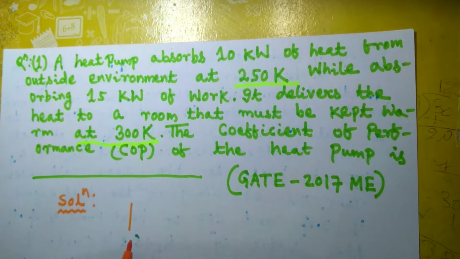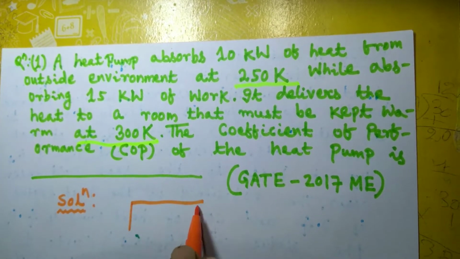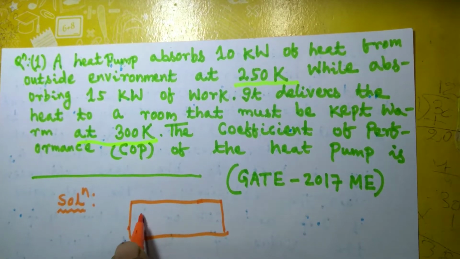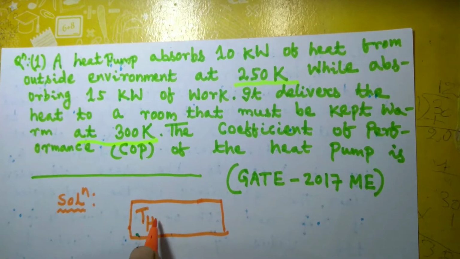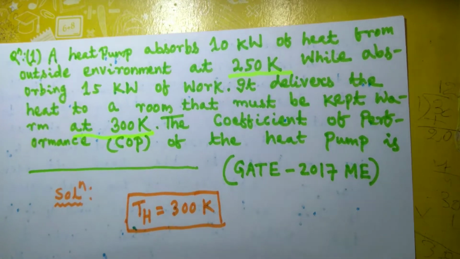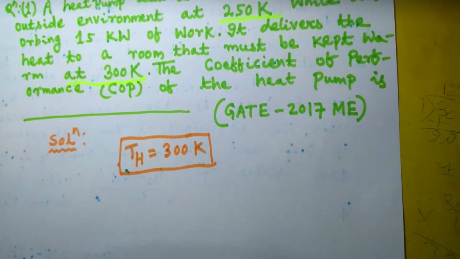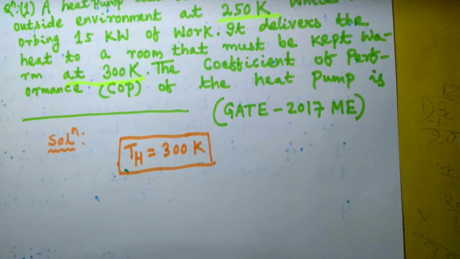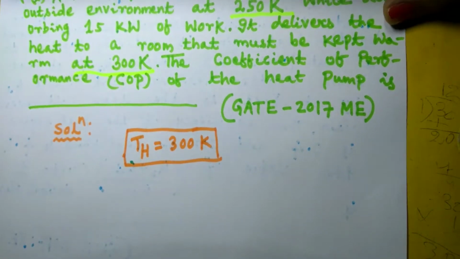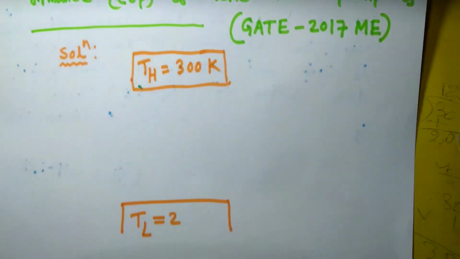The room is to be maintained at 300 Kelvin. Obviously, this is high temperature. TH, which stands for high temperature, is 300 Kelvin, and the surrounding temperature, that is TL, is 250 Kelvin.